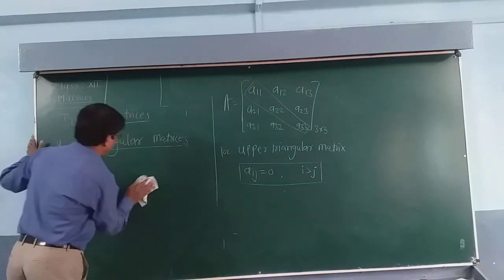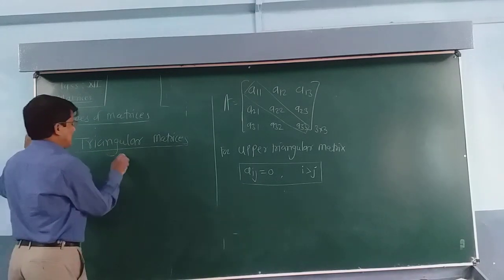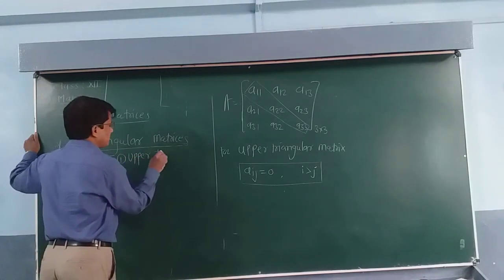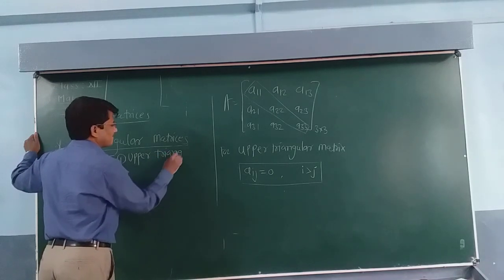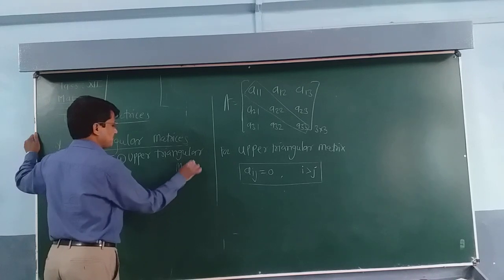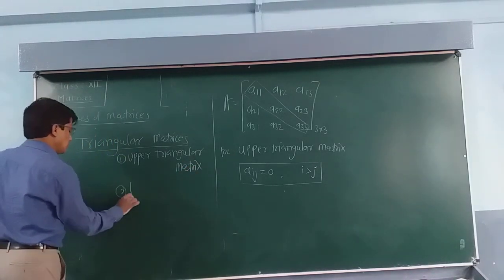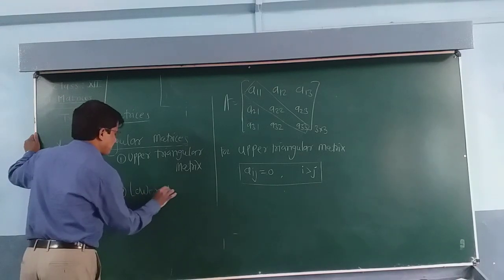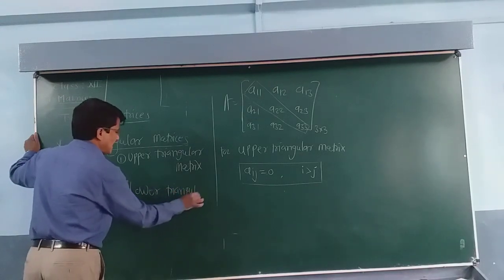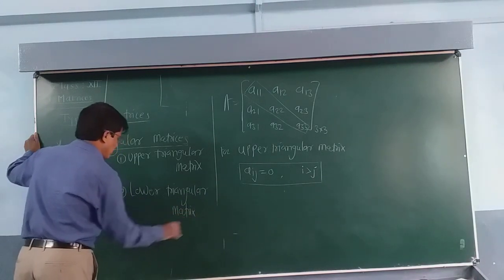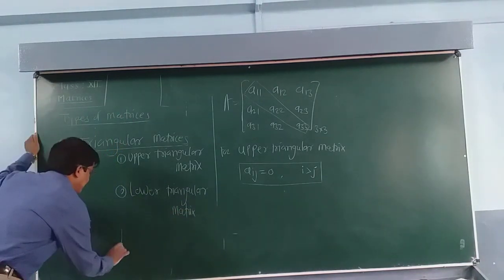The next type of matrix we have discussed: number 1, the upper triangular matrix, and number 2, the lower triangular matrix. What will be an example for a lower triangular matrix? Look here.